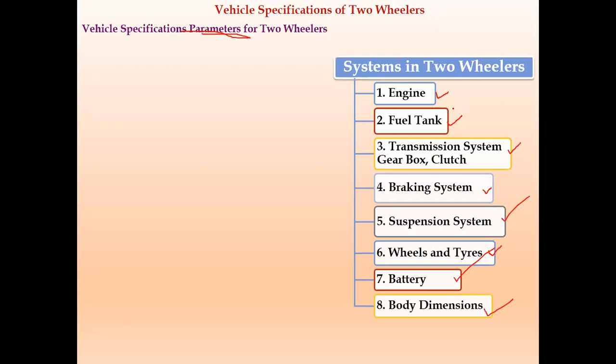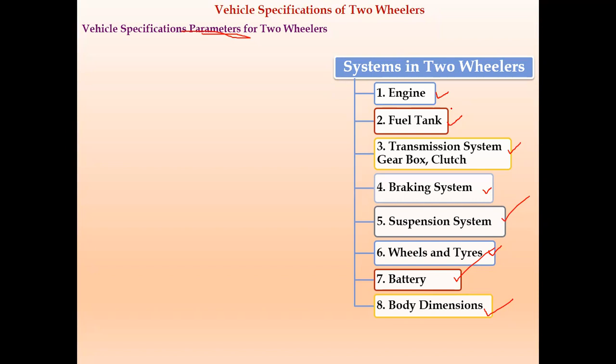In case of engine specification, we have already seen what parameters are required. That is, starting from fuel type, engine type, then engine capacity, that is nothing but the displacement. Next, we have maximum torque at speed, maximum power at a speed.